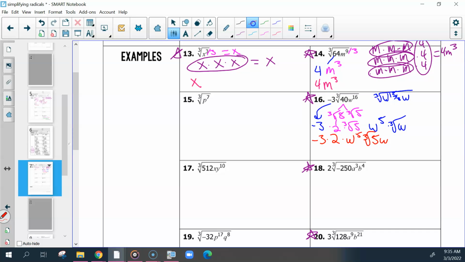What would our final answer be? Go ahead. Because you have so many things, you may want to use parentheses to separate. So negative 6w to the 5th times the cube root of 5w.